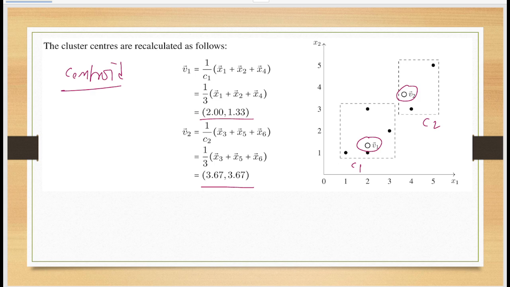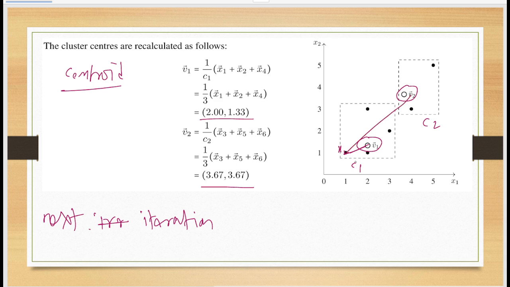Next iteration, what do you have to do? Again, we have to find each point's distance from these updated values. Let this be x1 again, and we calculate its distance from this value.